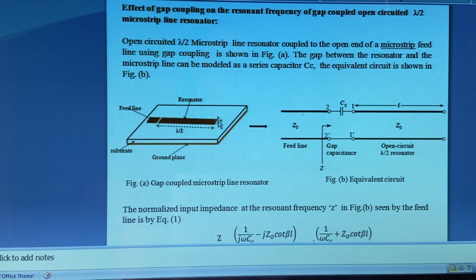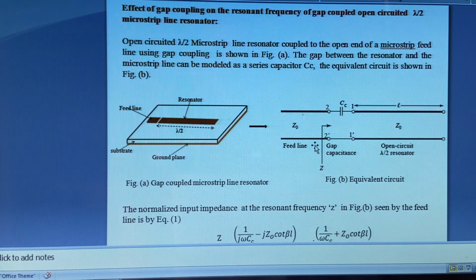The equivalent circuit of this structure is shown in this figure. Here the feed is a microstrip line with characteristic impedance Z0. The gap between the feed line and the lambda by 2 resonator is modeled as a coupling capacitor, CC. Next, the lambda by 2 resonator is a microstrip transmission line with length lambda by 2 and characteristic impedance Z0. So the equivalent circuit is like this.